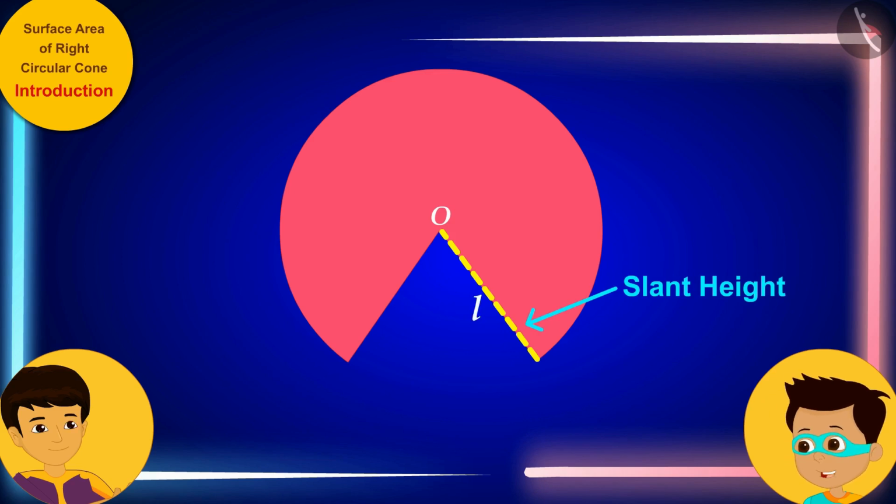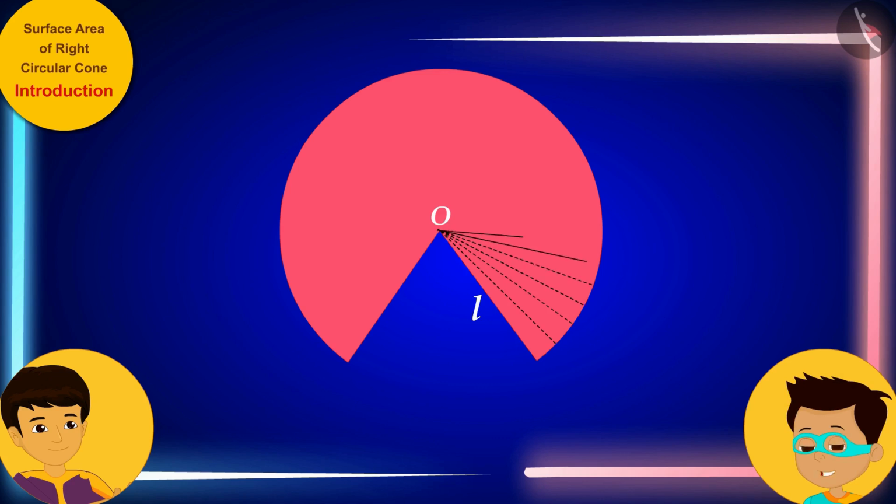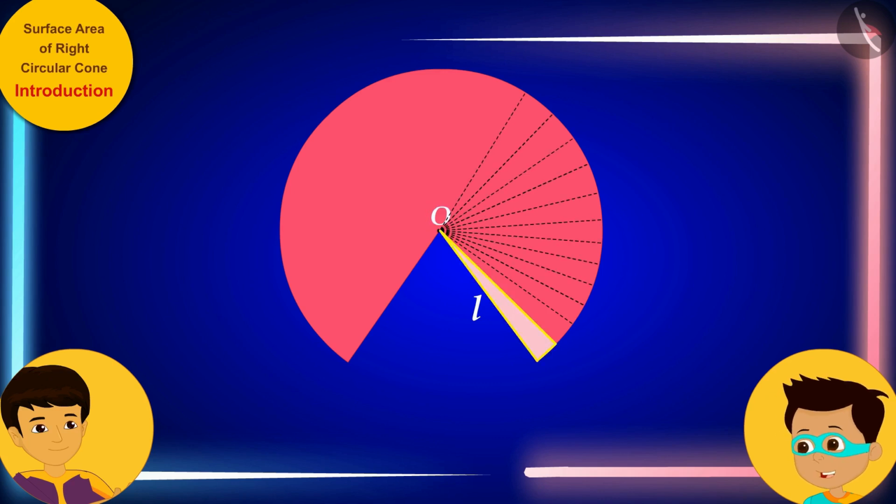Now, if we divide the paper into hundreds of small pieces by lines going from O, then these sliced parts will look almost triangular in shape. And the interesting thing is that the height of each of these is equal to the slant height L of the cone.